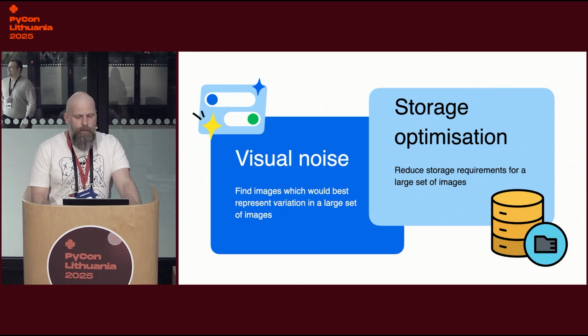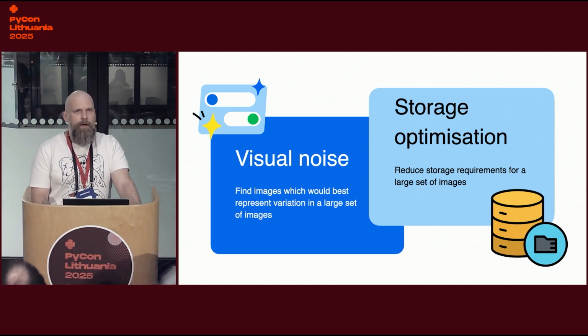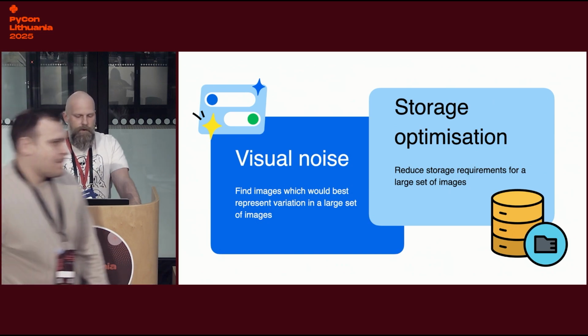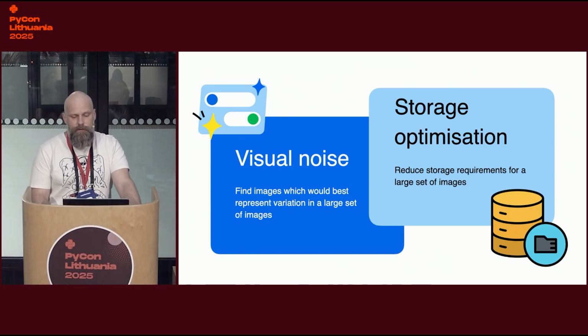And the other problem is simply storage optimization. We acquire quite a lot of images from various sources, and we wanted to find out if we can find duplicates of those images and reduce storage requirements.